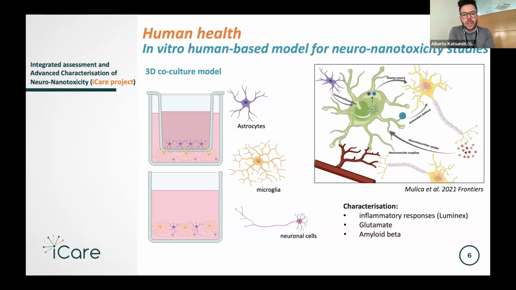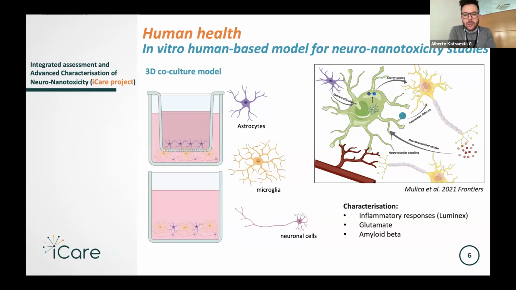The idea is to test the possibility of having 3D systems based on inserts, separating the different cell lines, but also to use a submerged system combining the 3 cell lines in the same model.